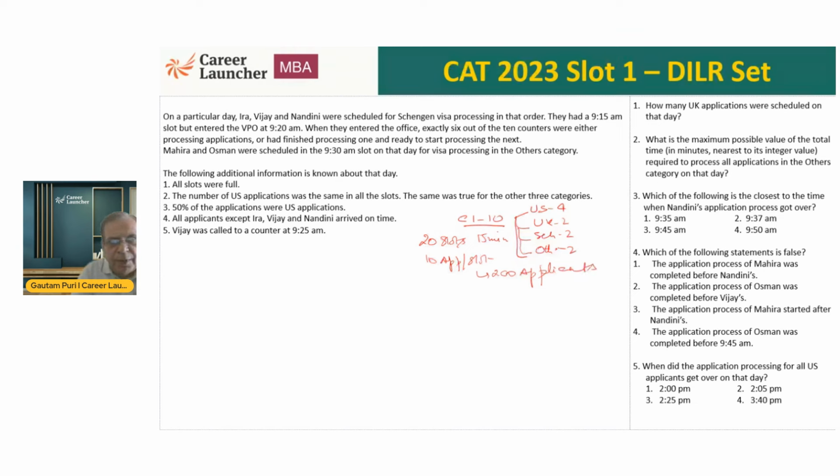Right? This is the other information. Now, what was the other information that we had? On a particular day, Isa, Vijay, and Nandini were scheduled for Schengen visa.